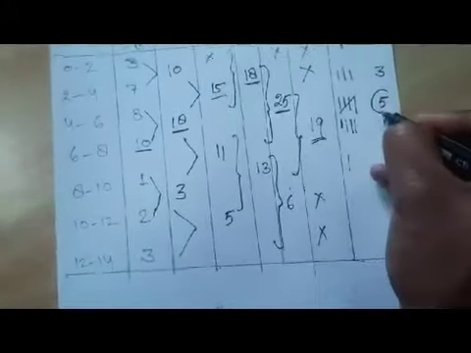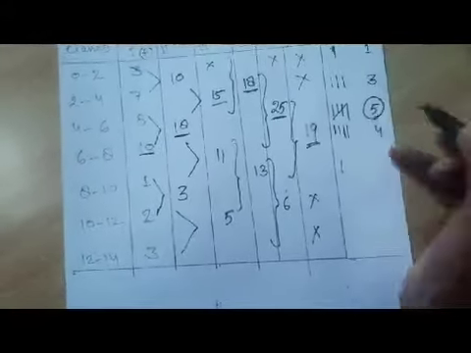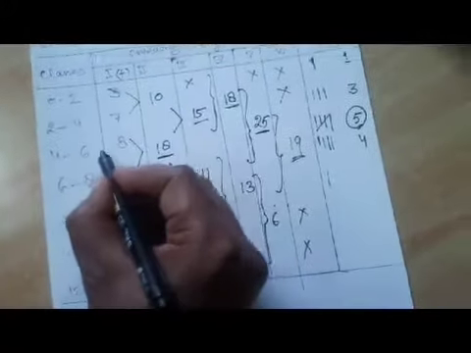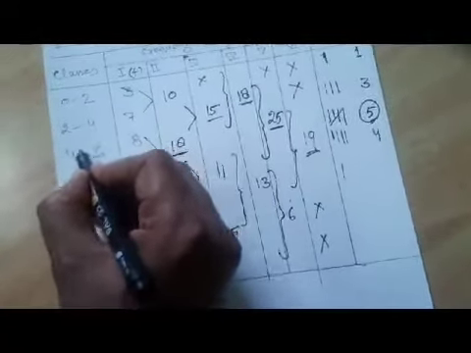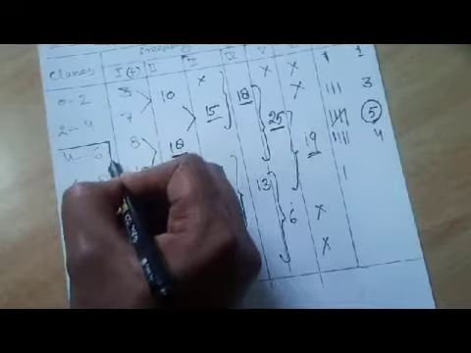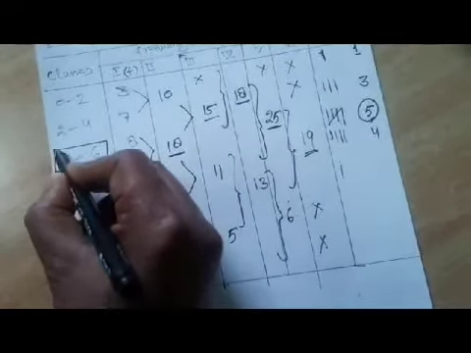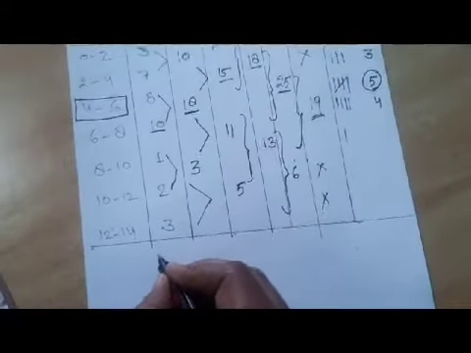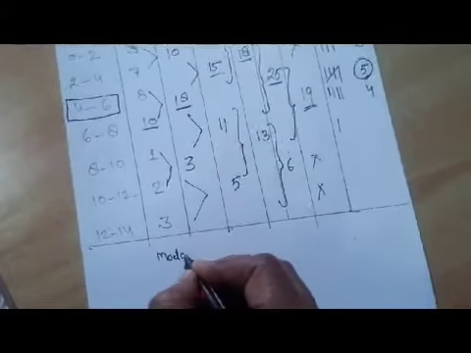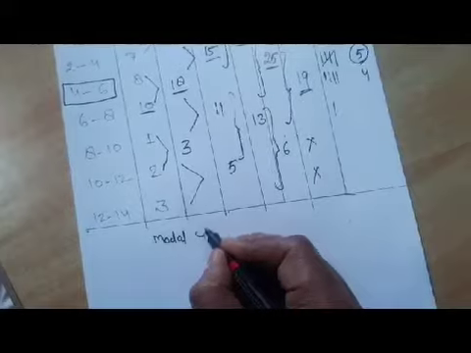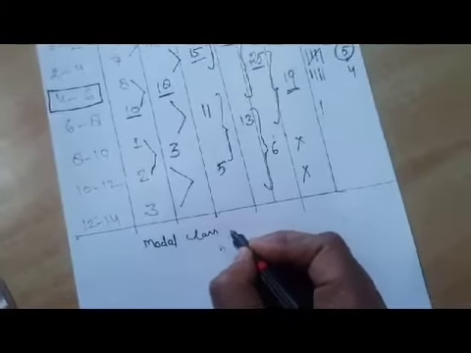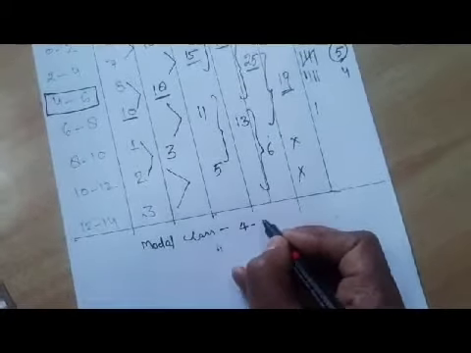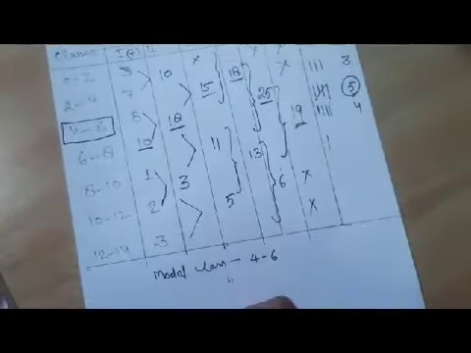So the highest tally mark is 5, which is given to the 4 to 6 class. So now we found that the modal class is 4 to 6. This is the modal class.